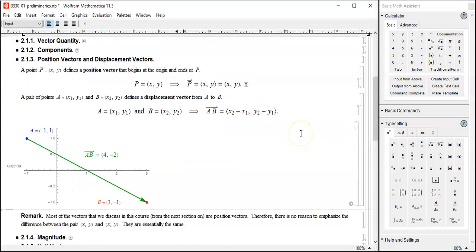Next, the displacement vector. It's not a position vector. It starts from an arbitrary point, and it measures how much the point was displaced, literally: x2 minus x1 to the right, y2 minus y1 upward. In this case, 4 units to the right, negative 2 units up.